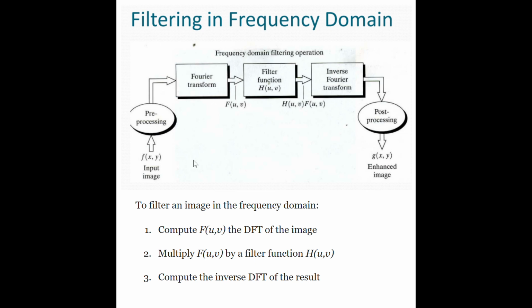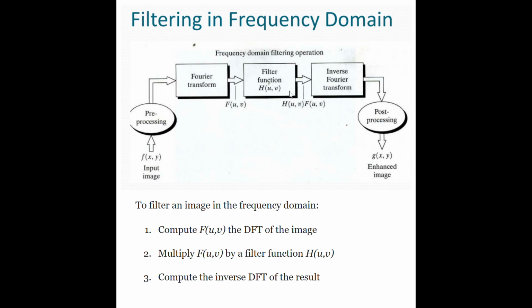So this is the diagram of how the filtering in frequency domain operation looks. You have the input image, you do certain kind of pre-processing, then the pre-processed image is given as input to the Fourier transform. The result of the Fourier transform is given to the filter function denoted with H of u,v.